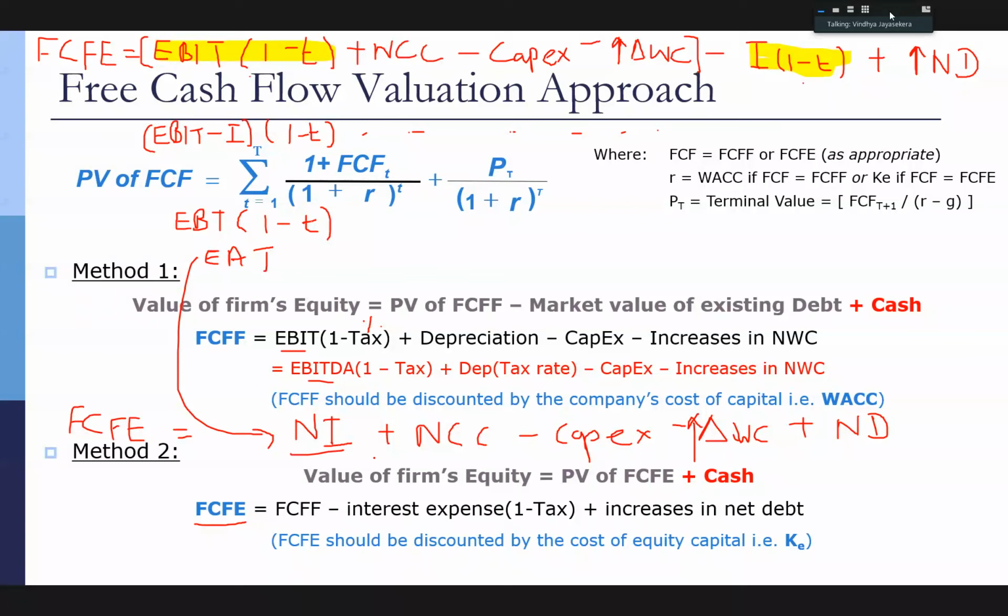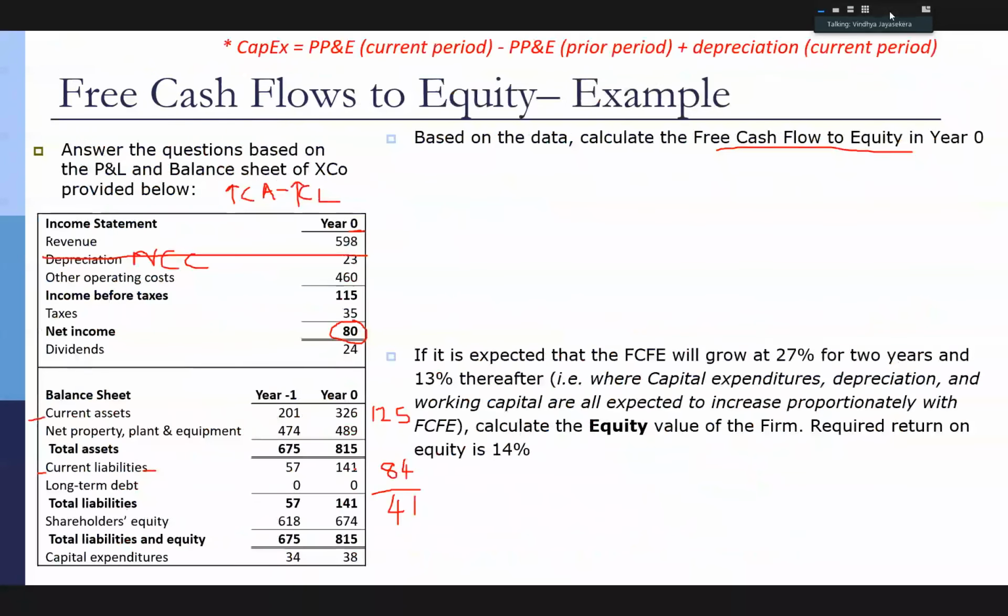So the equation can be written as this. Net income, you add back the non-cash items, depreciation and so on, right? From that, you deduct any increases in net working capital, because your net working capital has your payables and your receivables inside it, and you deduct your capex and add back your net debt. So when I look at this here, then what is my free cash flows to equity?